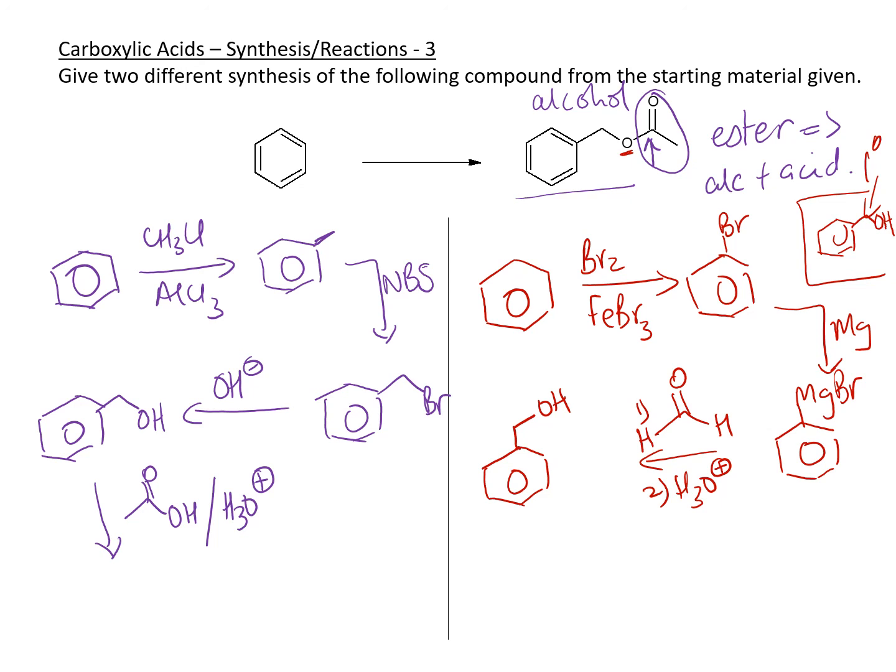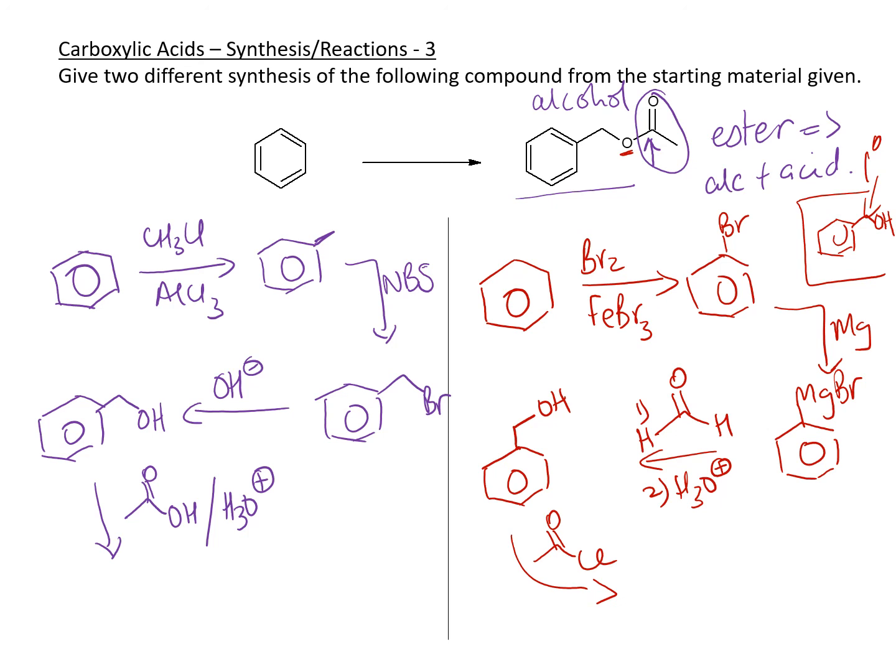This reaction scheme turned out to be a synthesis of alcohols more than carboxylic acids, but still it's a synthesis. Now, once we have the alcohol, you can also change it a little bit if you want. You don't have to add acid. You can go ahead and add acyl chloride.